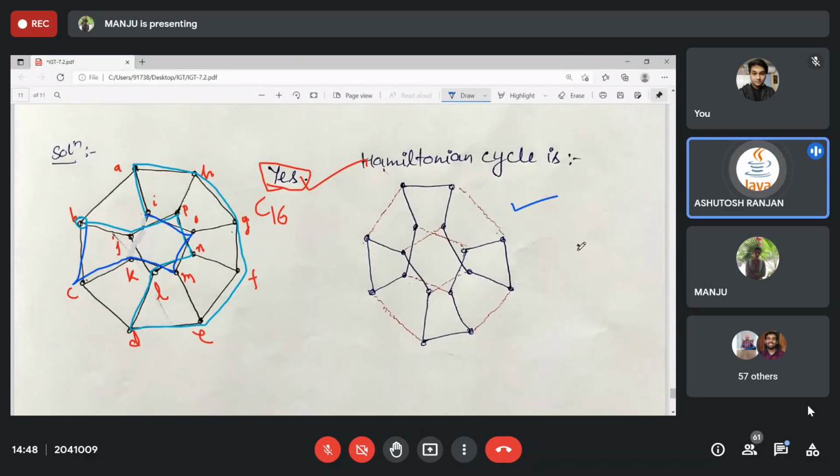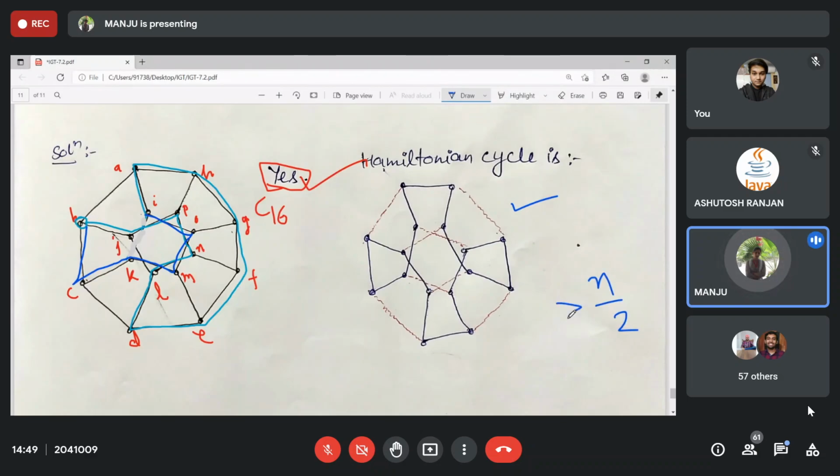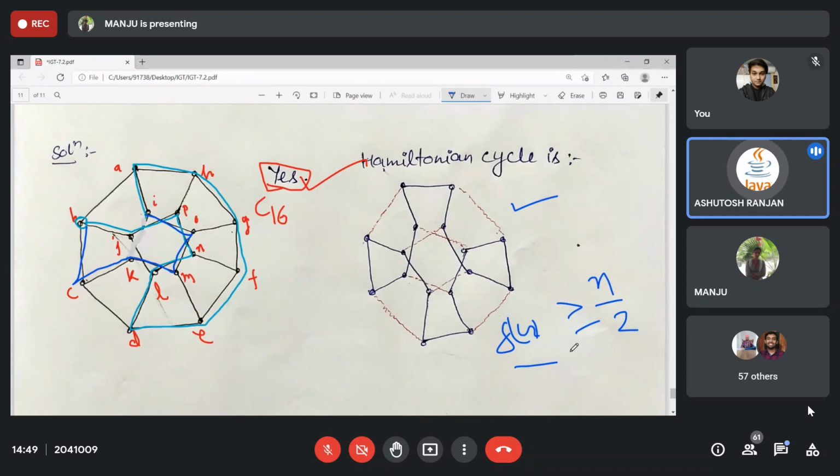Ma'am, why are we not able to apply the property that minimum degree should be 8? Minimum degree should be at least n by 2. This property means that it should exist, and at least 3 vertices will be there, then only the graph is Hamiltonian.